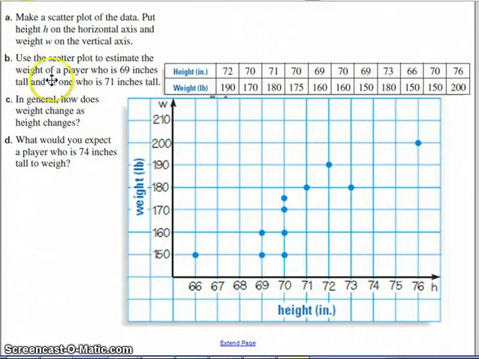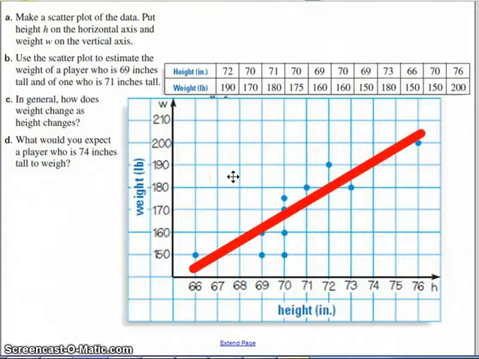Now, for B, you were asked to estimate what the weight of a player who's 69 inches tall would be. Well, you've got two different players who are 69 inches tall, but the purpose of a scatter plot, and I know you've done this back in middle school, is to make a best estimate, a best fit line associated with that data. Now that's my line. There is a certain art rather than science to making a best fit line.